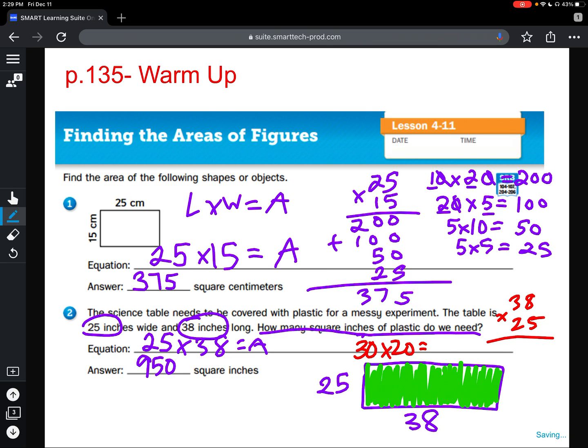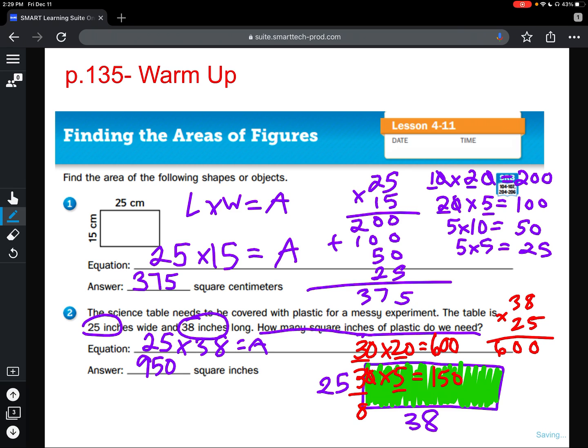because I have 3 times 2 and they're both in the tens place. So that gives me 600. Then I'm going to do 30 times 5, which gives me 150. And I'm going quickly on this because you should have already solved on your own. I'm just showing you in case you didn't get the answer correct.